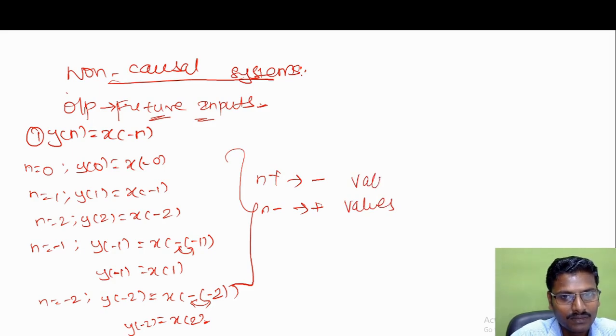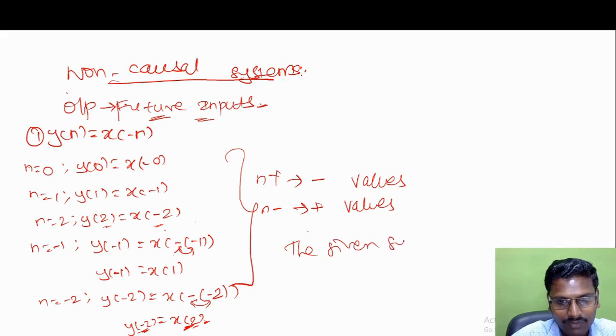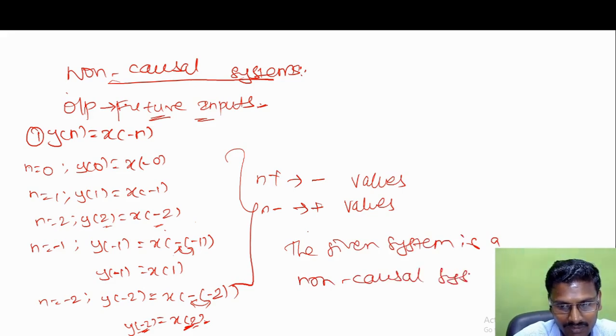From this, I can judge that the system depends upon future inputs. So the system depends upon future values, and the given system is a non-causal system, right?